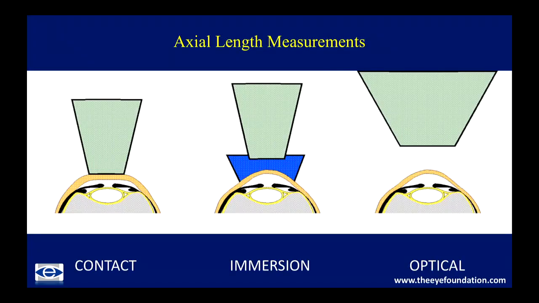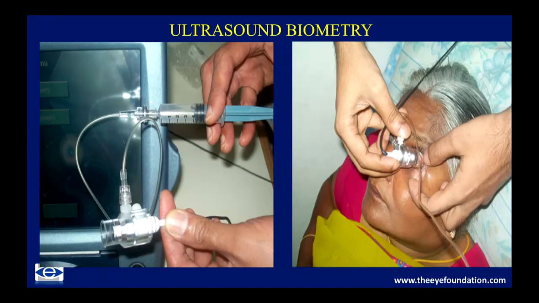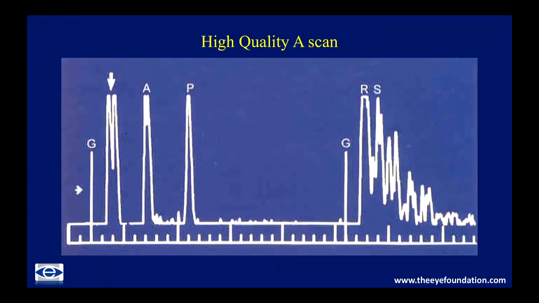If we start with ultrasound, I think it still has a role to play in today's day and age. It is still not a tool we can do away with. Yes, no longer should we be practicing contact biometry, but definitely immersion, if done properly, can give excellent results and has been shown to be within 0.1 millimeter of optical biometry when it is done by a safe and repeatable biometrist.